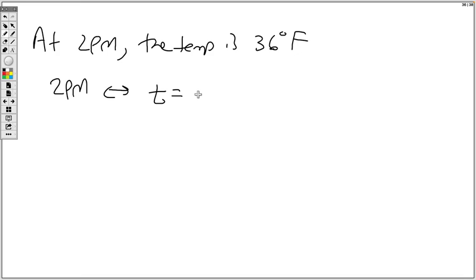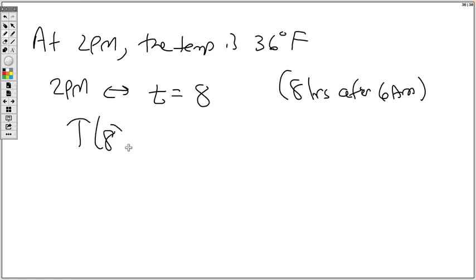It's 8 hours after 6 a.m. You follow? So t would be 8. The temperature itself is 36. Now, is that T or is that T prime? T. So T of 8 is 36 would be equivalent to that statement. Make sense?